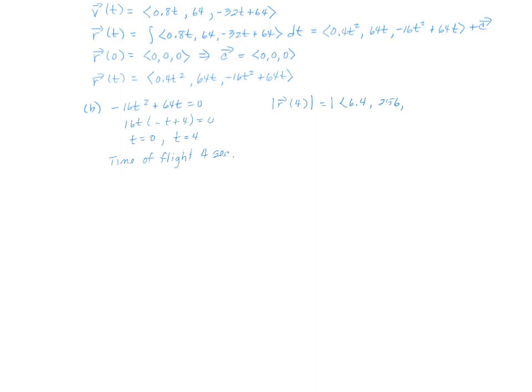And if I put 4 in for the z component, I just get 0. The magnitude here is simply the square root of 6.4 squared plus 256 squared. Take the square root. In a calculator, it's about 256.1. So about 256 feet. The range is approximately 256 feet.